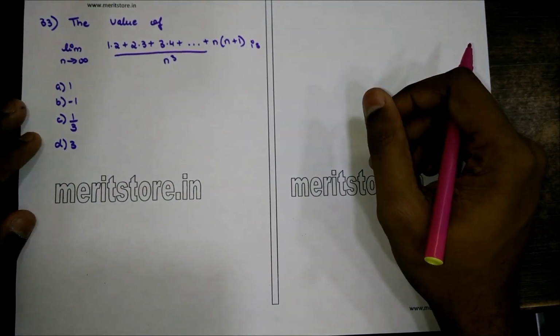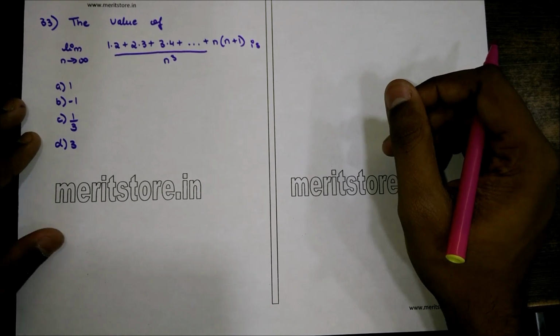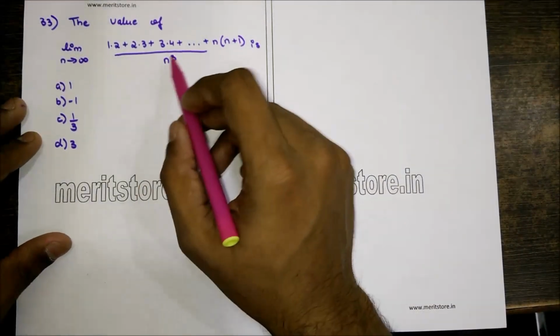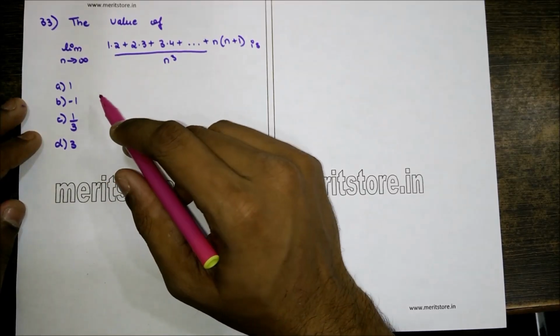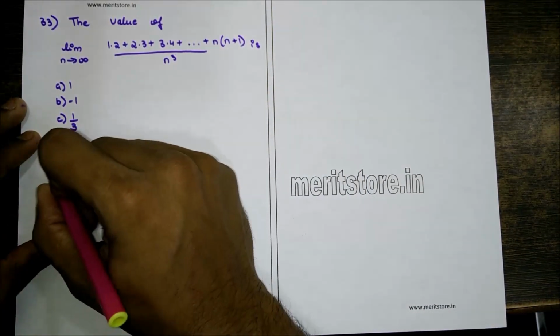Value of limit of n tends to infinity 1 into 2 plus 2 into 3 plus 3 into 4 and so on till n into n plus 1, upon n cube, is: a) 1, b) minus 1, c) 1 by 3, or d) 3.